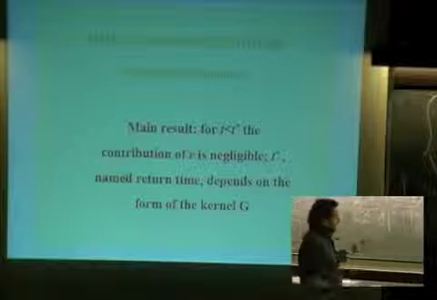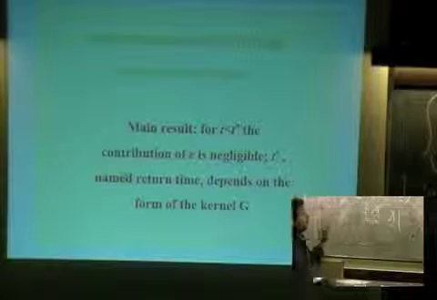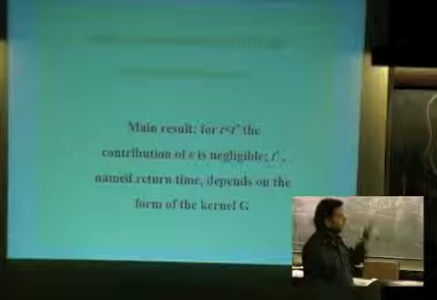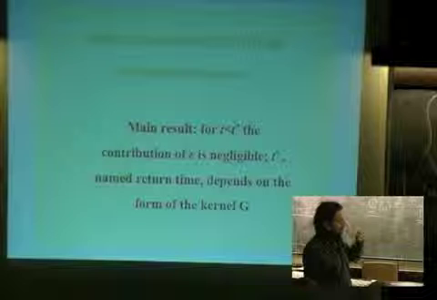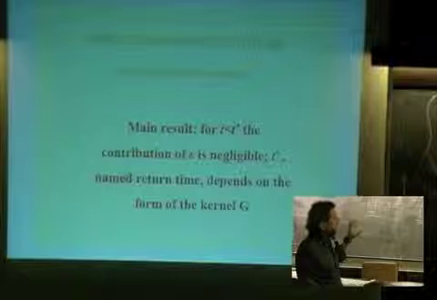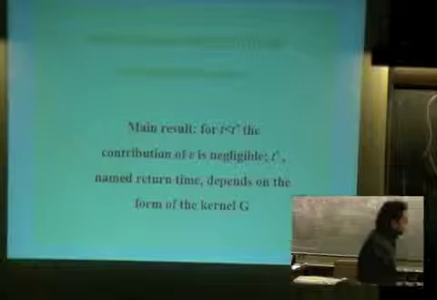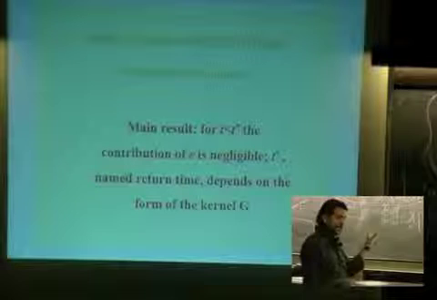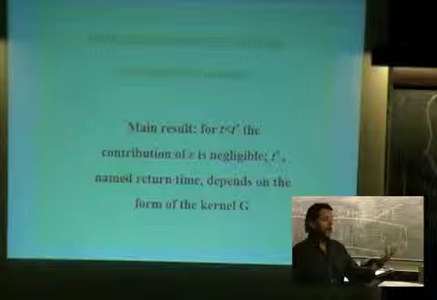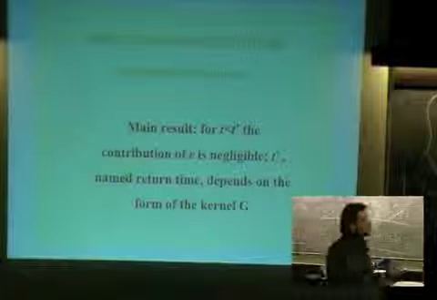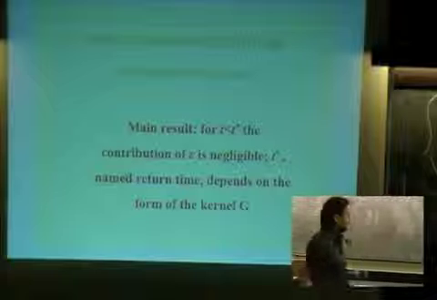The main result is that for t smaller than the time t star, that we call the return time, the contribution of epsilon is negligible, meaning that this equation that represents a phenomenon of dissipation is a good way to look at the problem, but just up to the time t star.